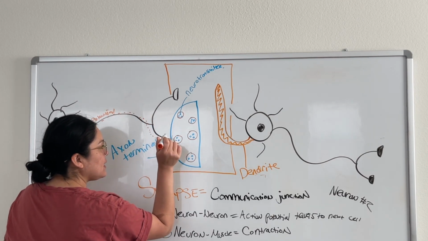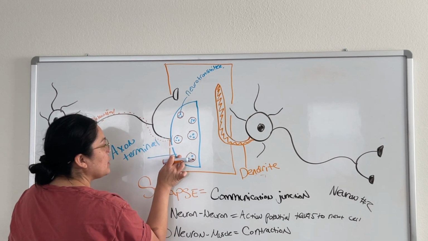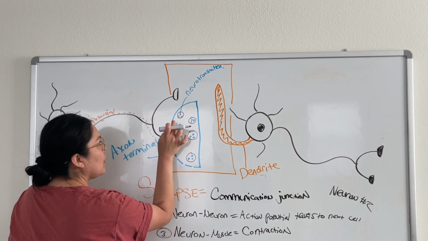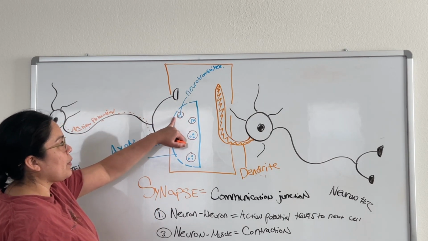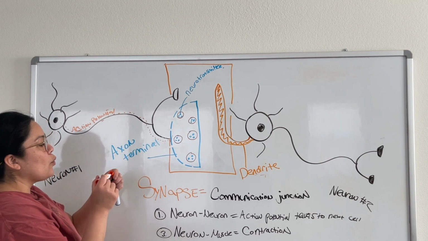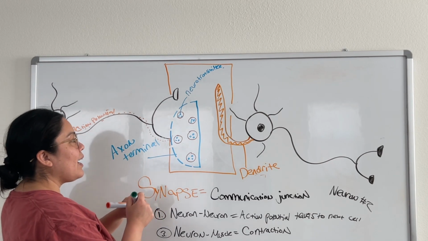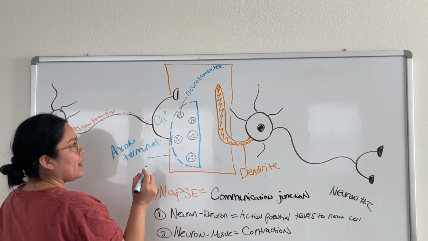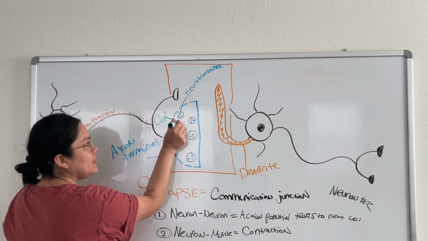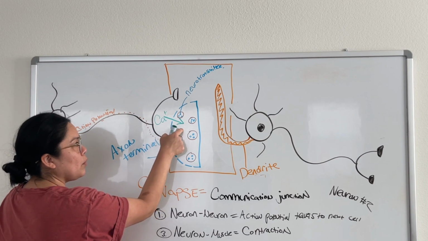When it hits the axon terminal, it is going to open these little channels on the terminal. These openings are going to let calcium ions flood into the terminal bulb.